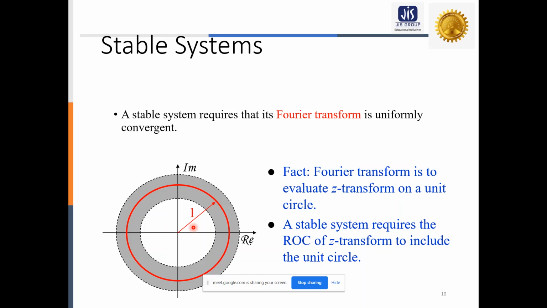So this red circle has a radius of 1, and if this unit circle lies in the ROC of the Z transform, then we can say that the system is stable from this condition.